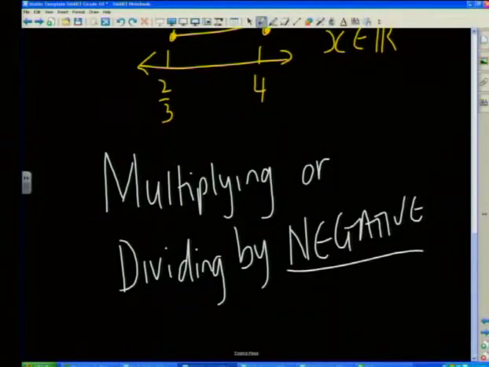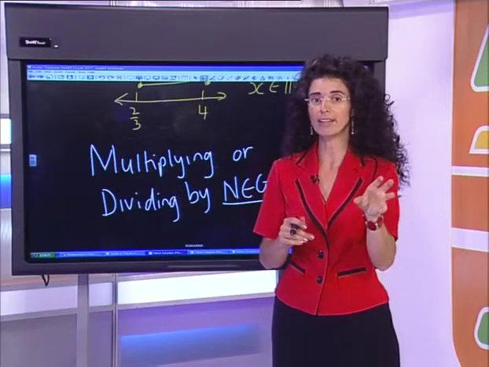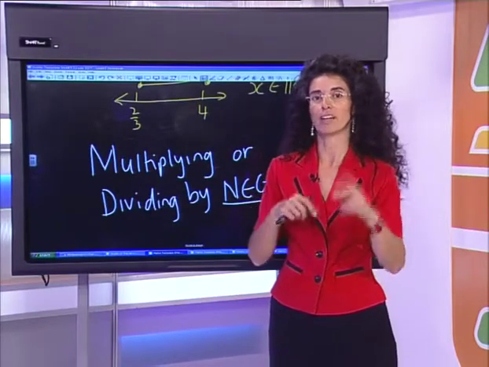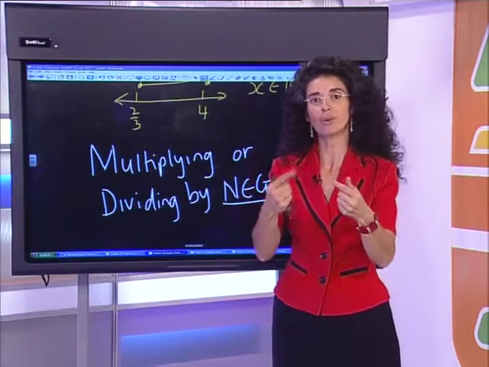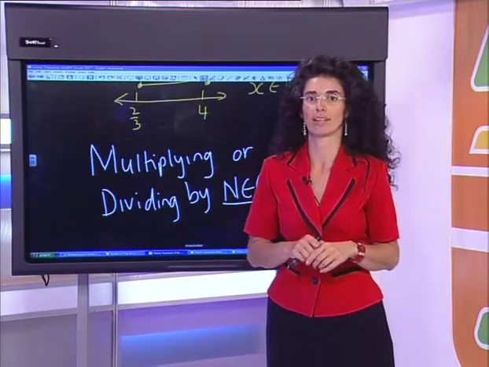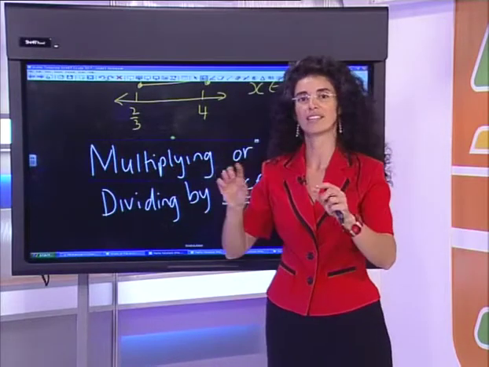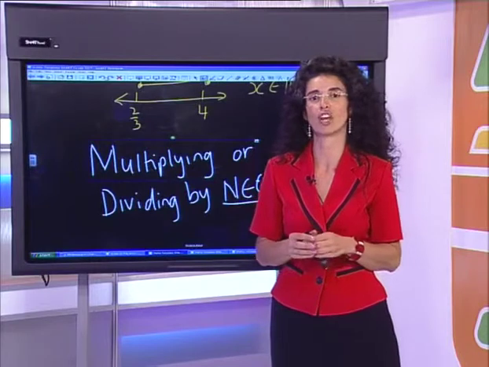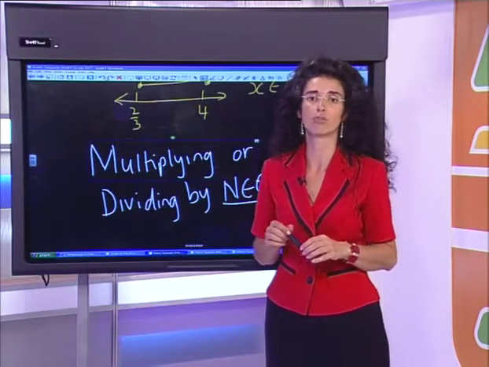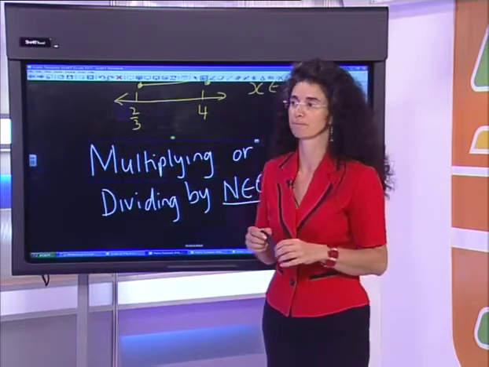Those are the only two times that you will get the reversal of that inequality. So in the example that I've just done with you, when we were multiplying by -1 and we divided by -3, both those operations will carry with it that change of inequality. So multiplying, dividing by negative is the only time that that sign has to change in order to maintain the truth of that inequality.